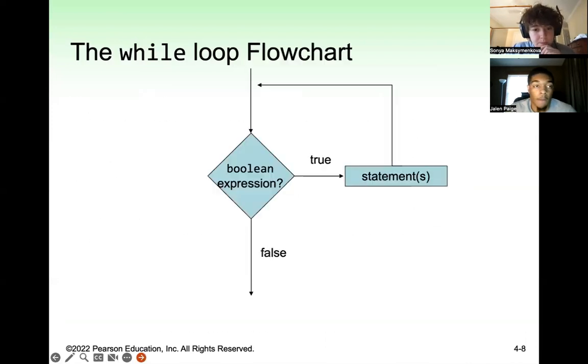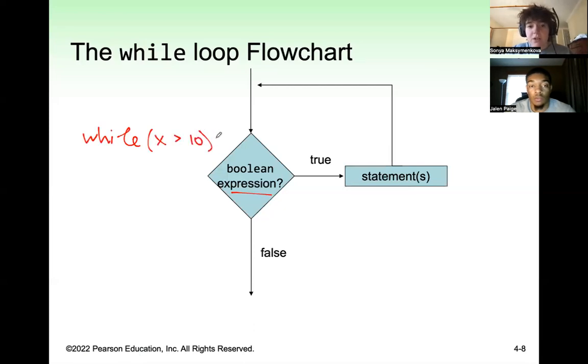Obviously, you need to be careful to not make an infinite loop. An infinite loop is something that's going to run forever. So if your Boolean expression always evaluates to true, that will cause an infinite loop. For example, if we have a loop that will check if our variable x is greater than 10, while x is greater than 10, we'll print something, right? Doesn't really matter what, this is just pseudocode.